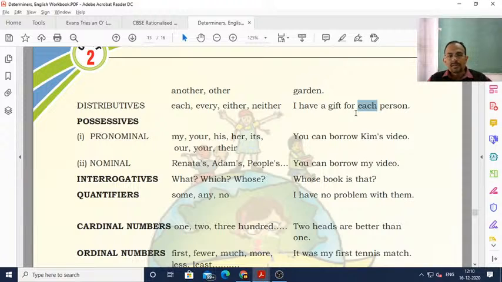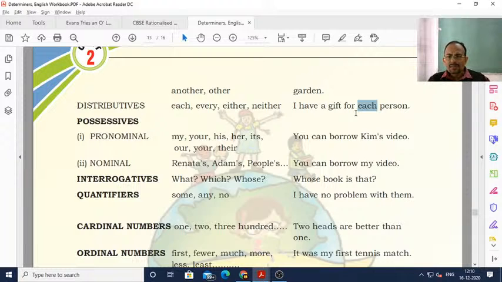Determiners never describe the nouns, whereas adjectives describe the noun. Determiners do not have degrees of comparison, whereas adjectives may have degrees of comparison, like good becomes better, best, nice becomes nicer, nicest. You cannot say each, eacher, eachest.